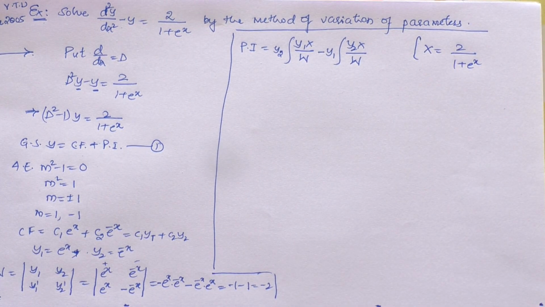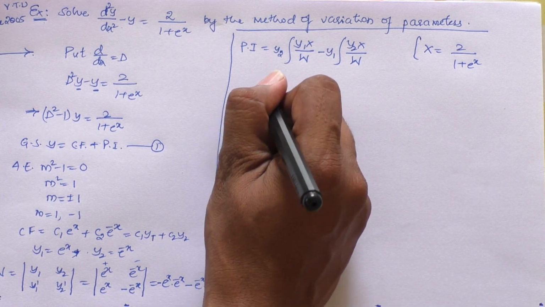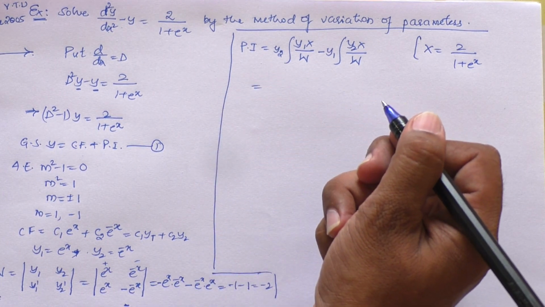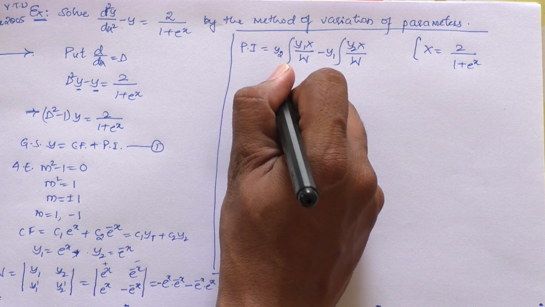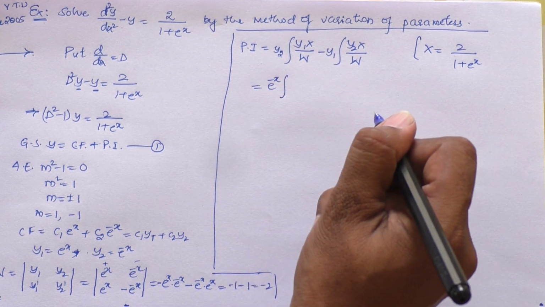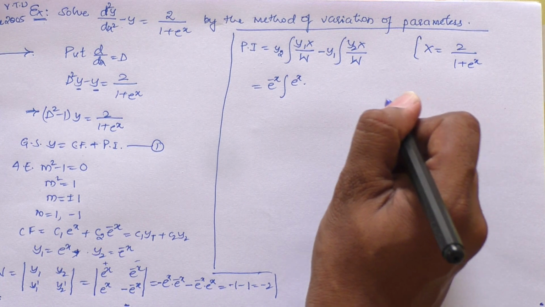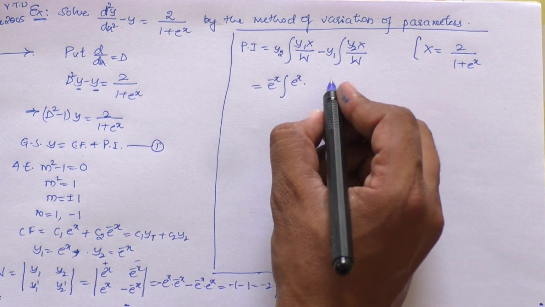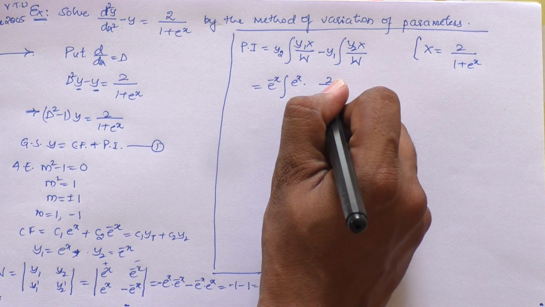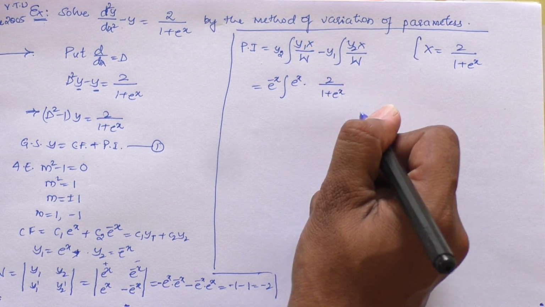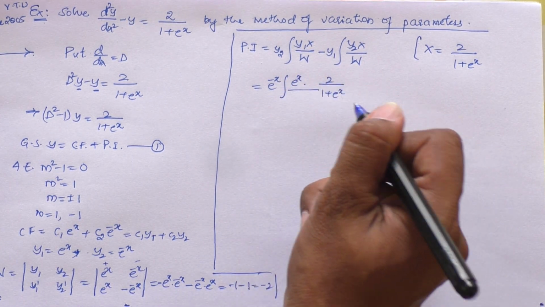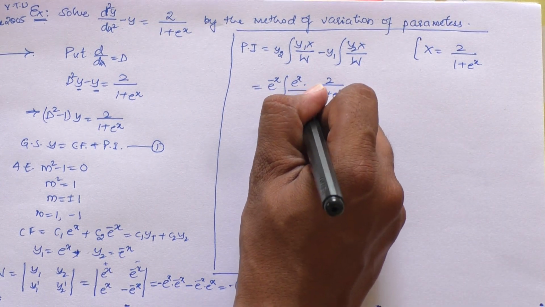So substituting these terms, we get y2, which is e raised to minus x, integration of y1 e raised to x into capital X, 2 divided by 1 plus e raised to x, whole divided by W, which is minus 2.